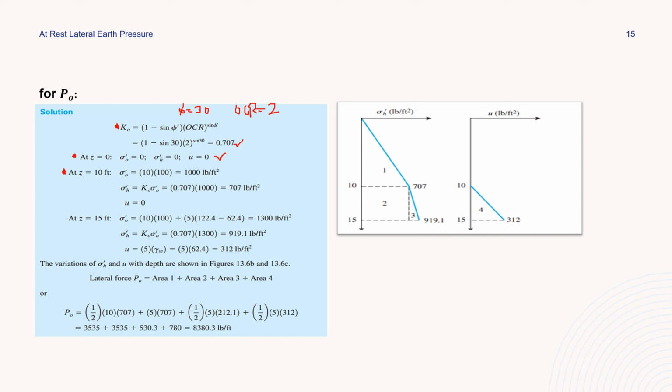So from the formula para sa vertical effective pressure, Z times the dry unit weight, makakuha tag 1,000 pounds per feet squared. So substituting 1,000 to the formula for lateral earth pressure for dry soil, makakuha tag 707 pounds per square feet.